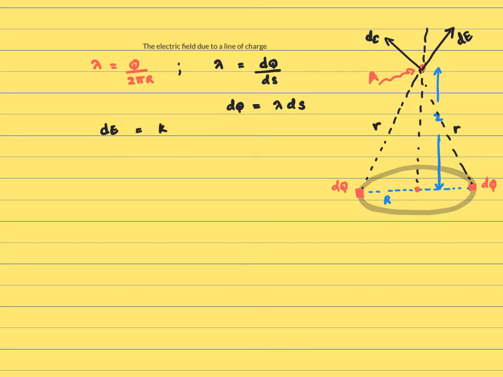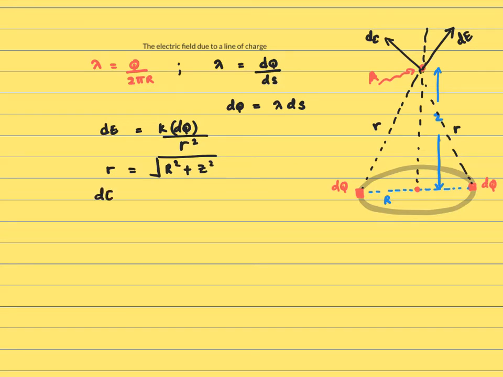In order to find the electric field, we are using the equation that we know by definition, dE equals k dq, that is the small charge element we are looking at, over the distance from the charge to the point, which is little r, so r squared. Now by the right angle and the Pythagorean theorem, little r squared equals uppercase R squared plus z squared.